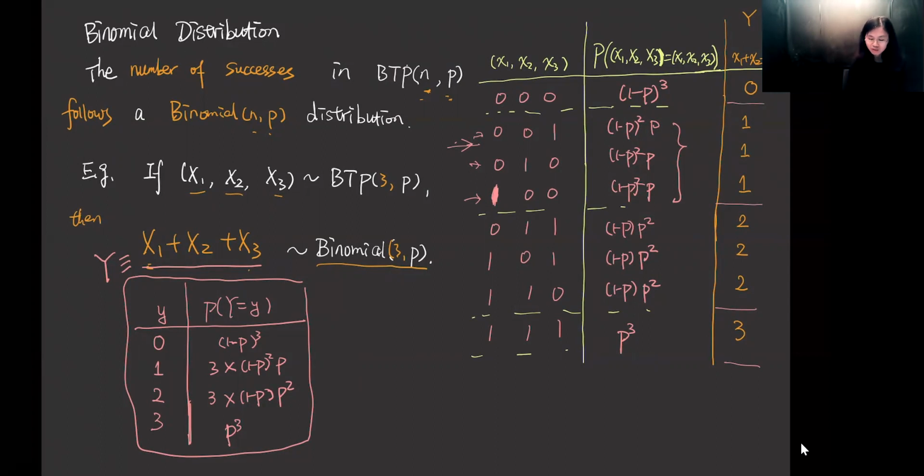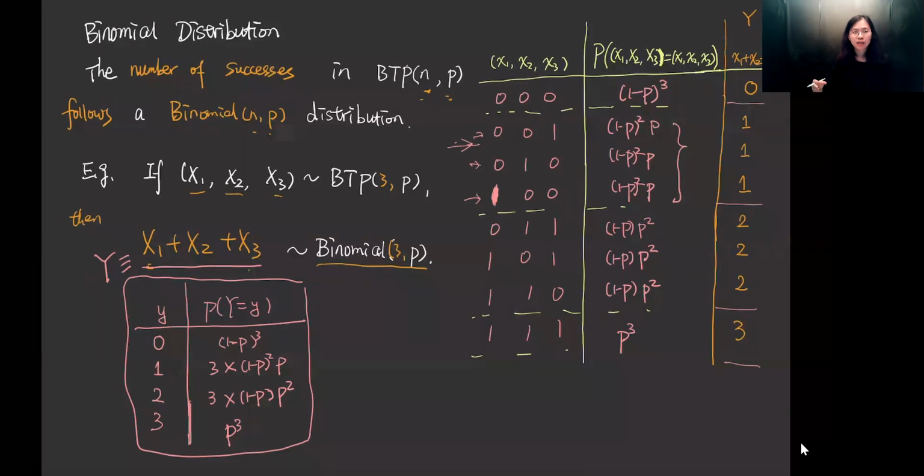As you can infer from this simple example, the probability that Y equals k has 2 components. One is the number of outcomes of the Bernoulli trial process with k successes.